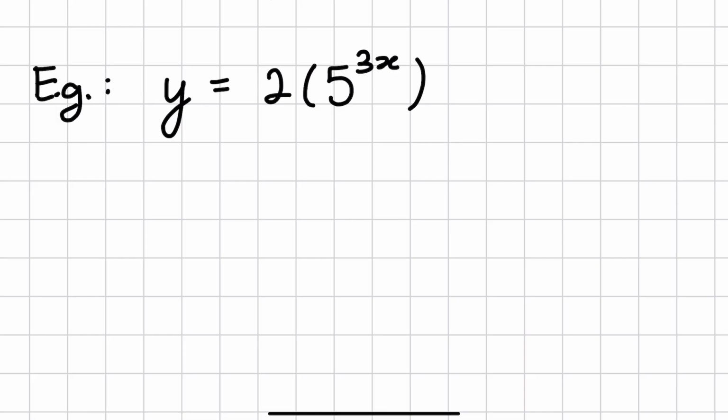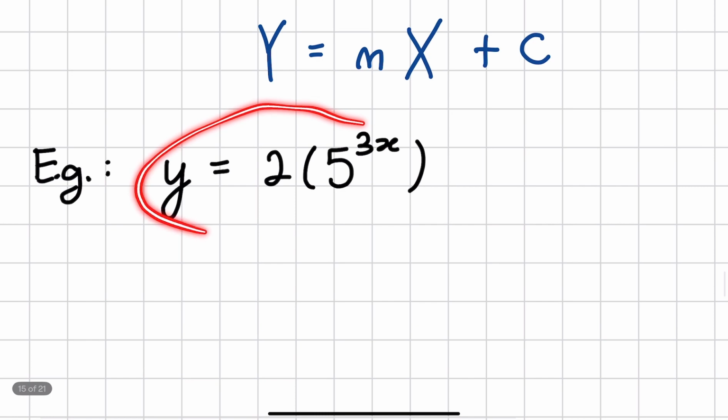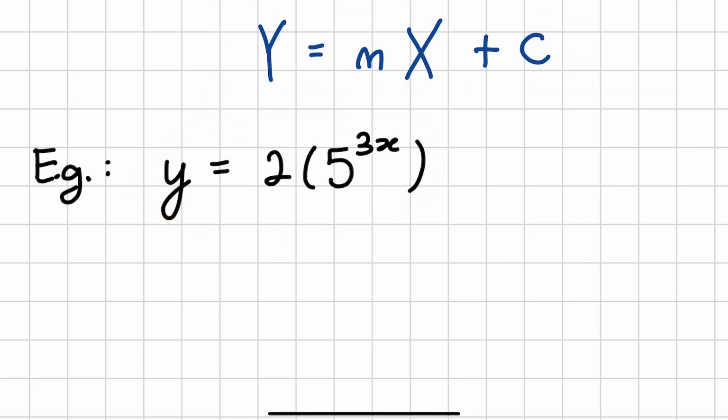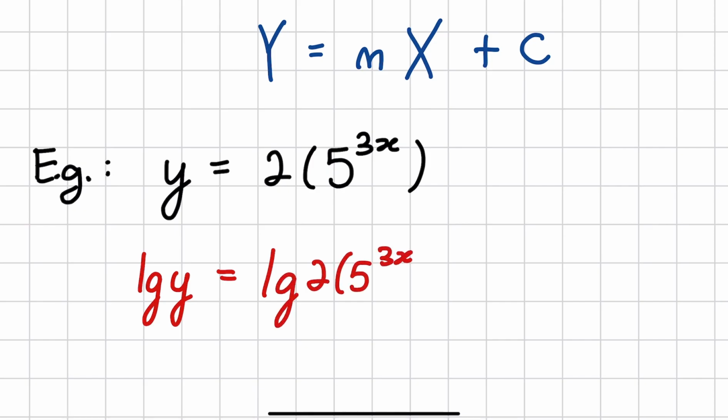Okay, so let's apply our laws of logarithm in order to bring this power down, x. I want to eventually turn this into this form over here, y equals mx plus c. So if I were to apply my laws of logarithm, I will get log y equals log 2 times 5 power 3x.